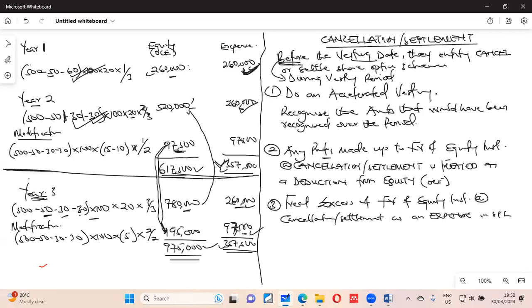So you do an accelerated vesting. So all those amounts that would have been vested, if not for the cancellation, you will bring all of them, you recognize those amounts over the period that would have been recognized over the period. Like doing these things, you recognize them fast. Then any payment made up to the fair value, so equal to that fair value of the OCE, what we are saying is that you treat it as a deduction.